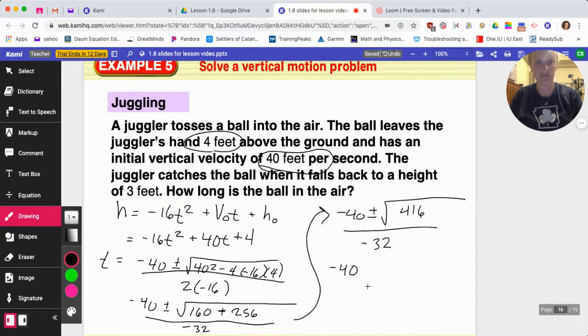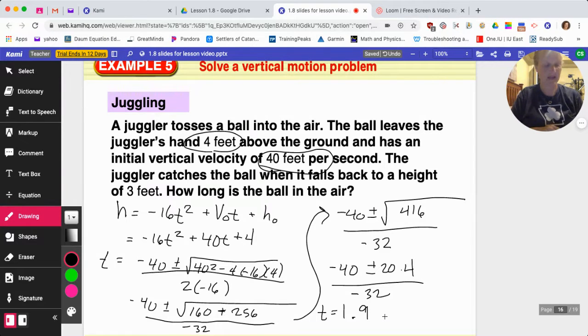20.4, all over negative 32. So let's go ahead and do negative 40 plus 20.4 equals, and then divide by negative 32. I get 1.8875. And then negative 40 minus 20.4 equals, divide by negative 32.